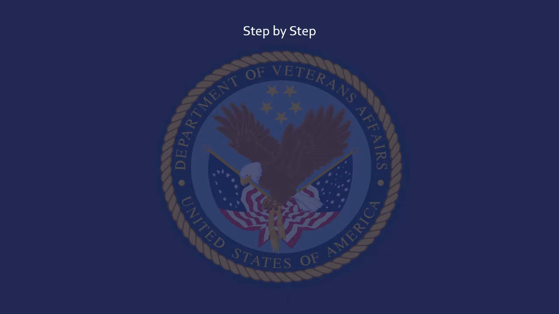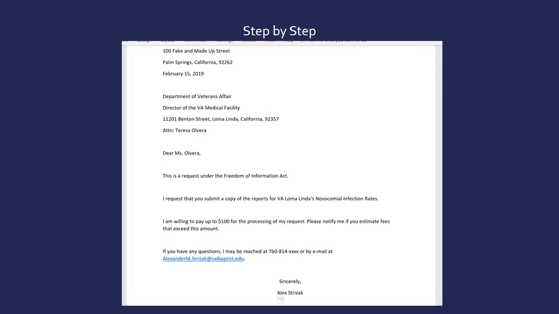So finally, now all you have to do is draft your letter to the VA. So here I have an example letter where I put the Department of Veterans Affairs, and I put the director of the VA medical facility, and I put the address to the VA Loma Linda that was stated on the contact list we found before.